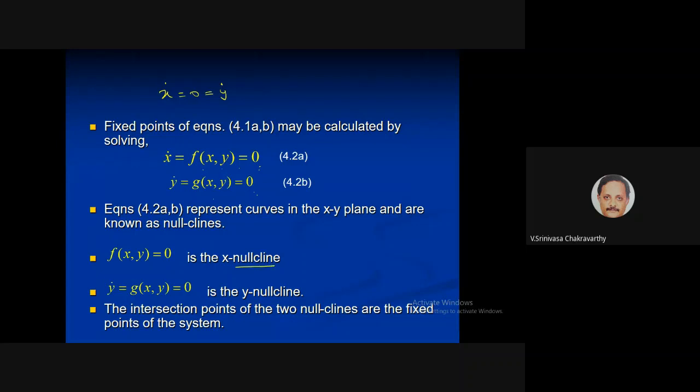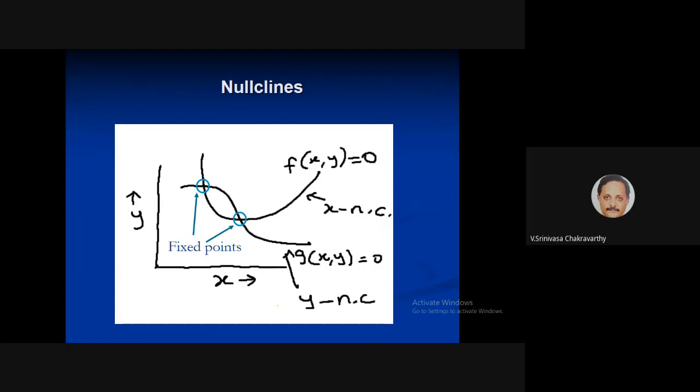The first equation, f of x comma y equal to 0, represents what is called an x null line because that's where x dot becomes 0. And the second equation, g of x comma y equal to 0, is called the y null line because that's where y dot is 0. Therefore, the intersection points of these two null lines are the fixed points of the system.